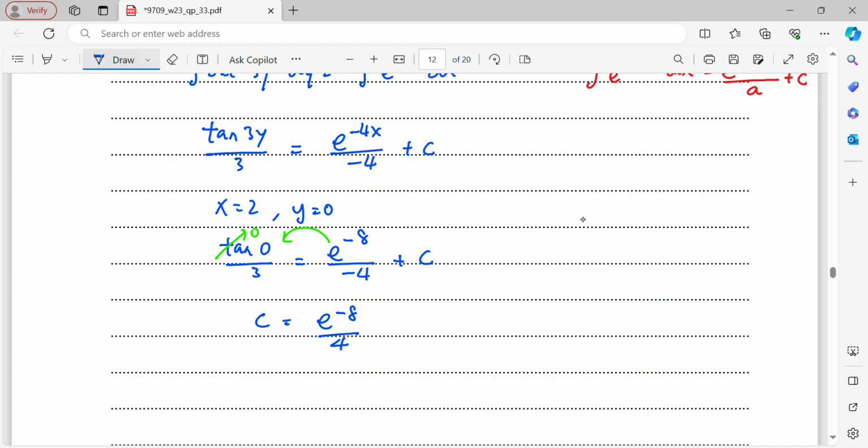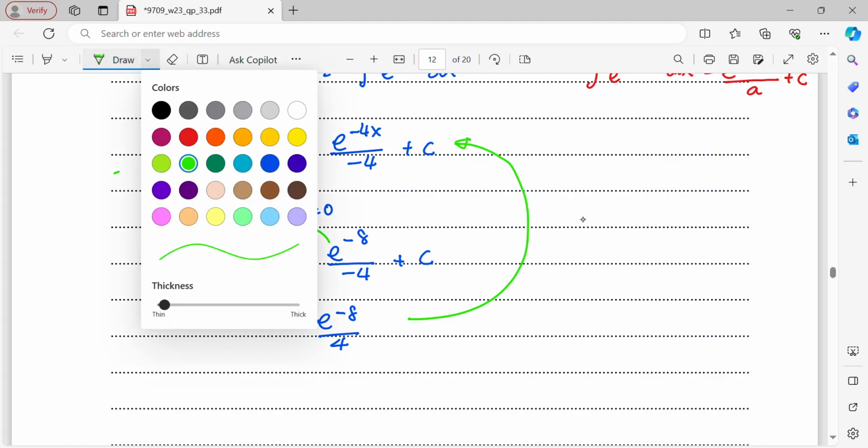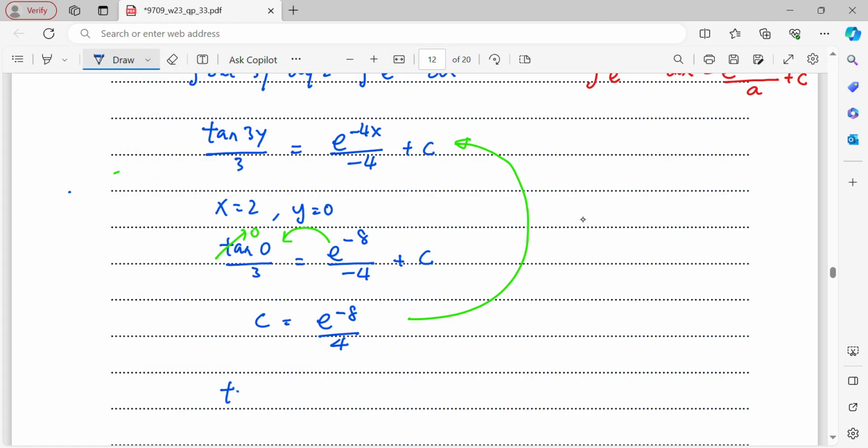Once you have found this c, substitute this c into the solution. That means now I will get tangent 3y over 3 equals e to the negative 4x over negative 4 plus e to the negative 8 over 4.